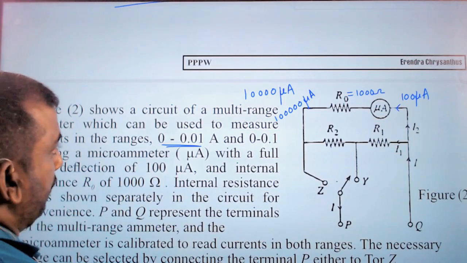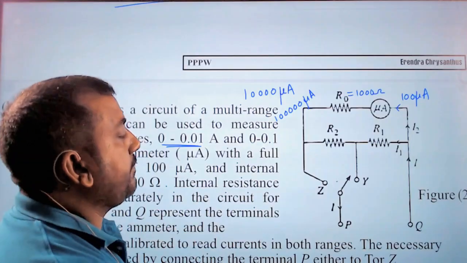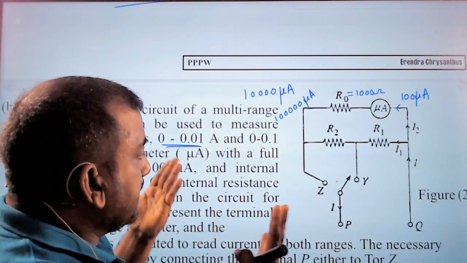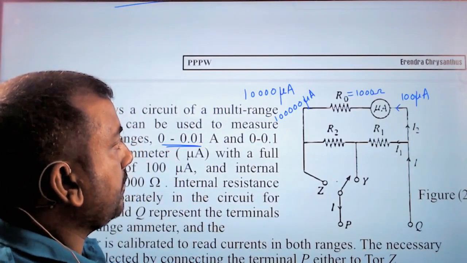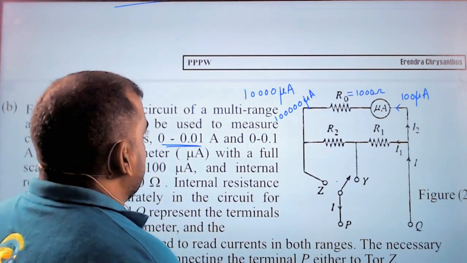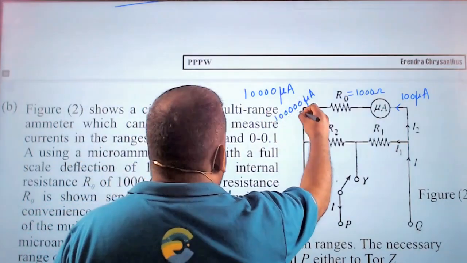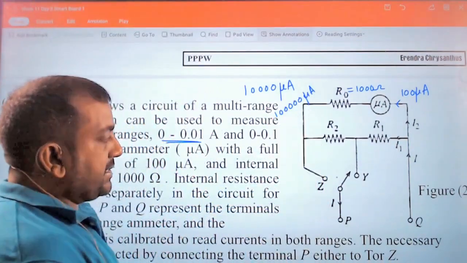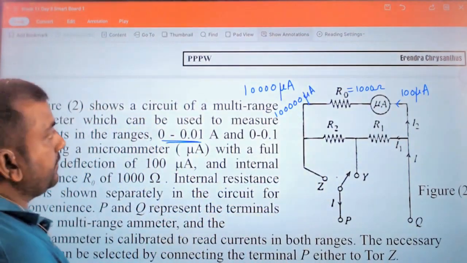If a larger current comes, we need a smaller shunt resistor.